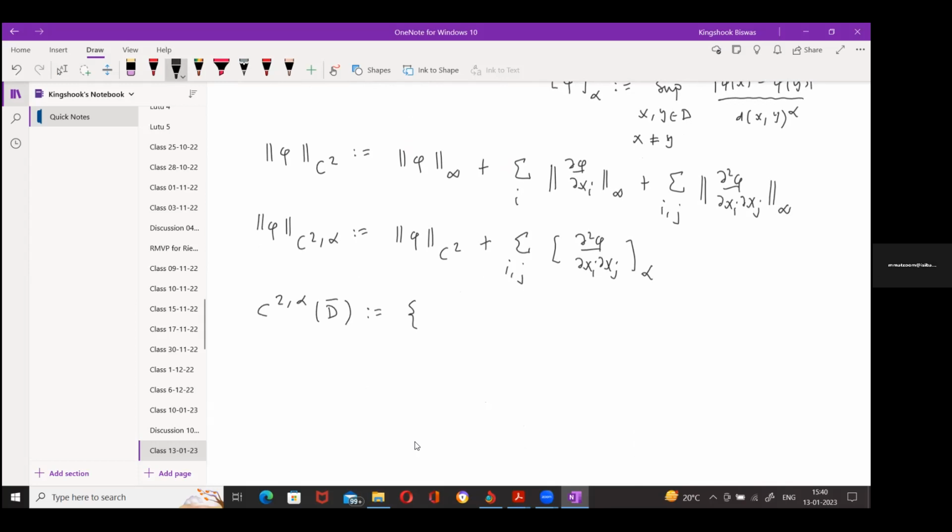This is defined to be the phi in C2 of D closure, so that means partial derivatives of order 2 exist and extend continuously to the boundary, such that this C2 alpha norm is finite. So this is a Banach space with this C2 alpha norm. All right, this is the Holder space.